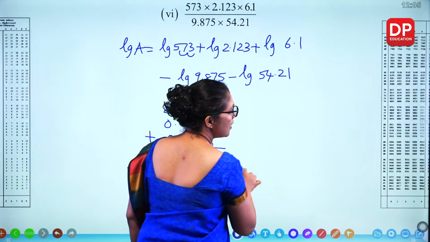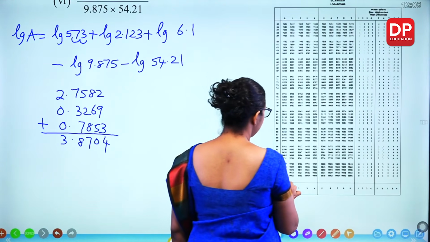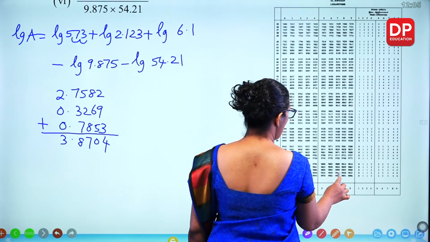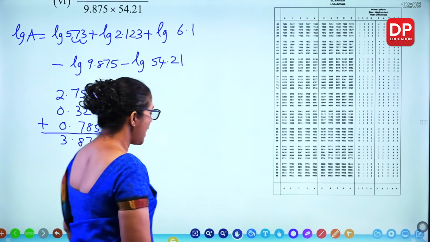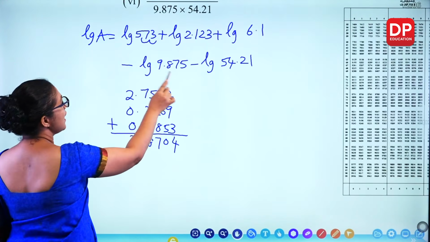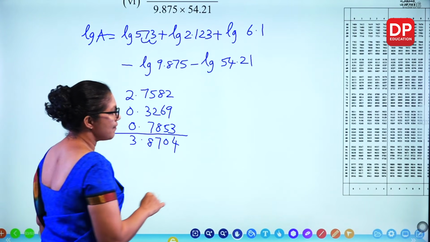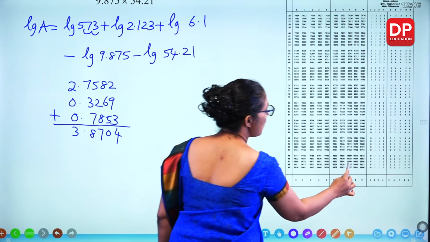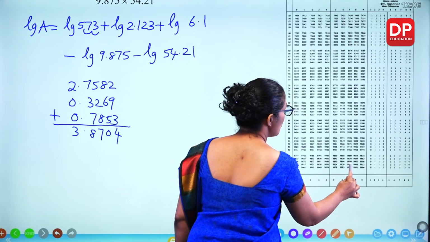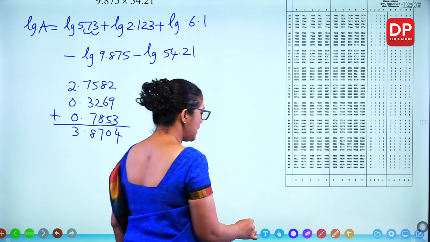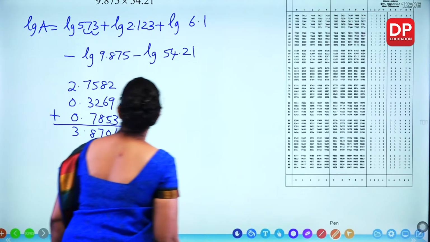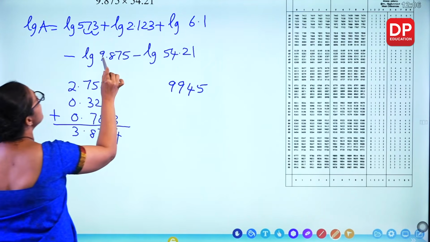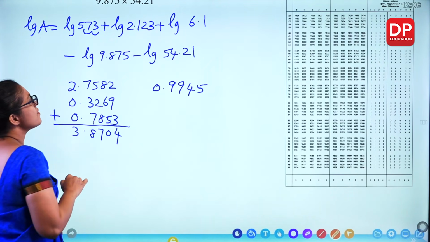Now we'll look at the denominator values. 9875. 5 is 2. So adding 2 to that, 9945. And this is 9 points, so the characteristic is 0.